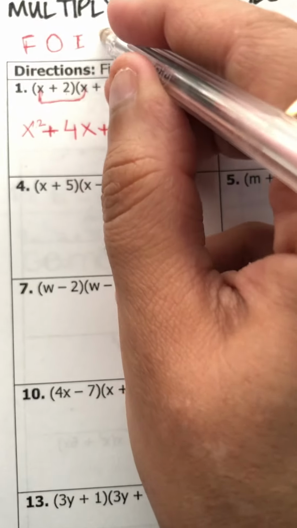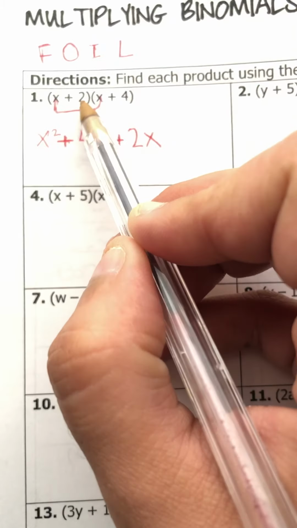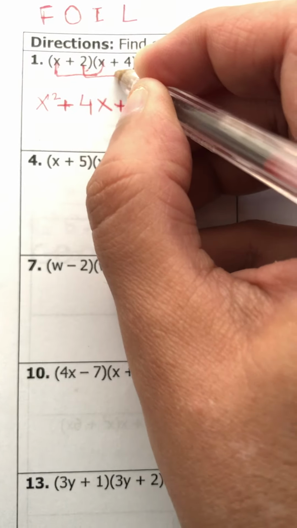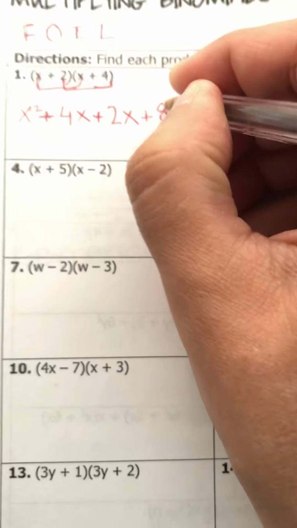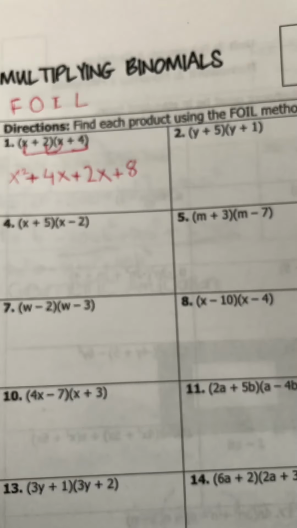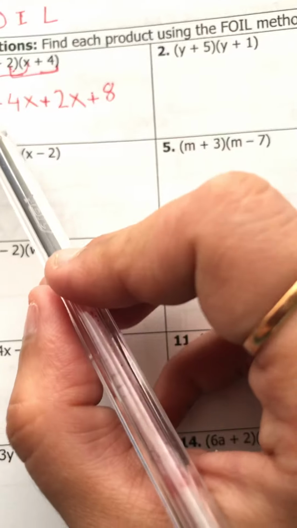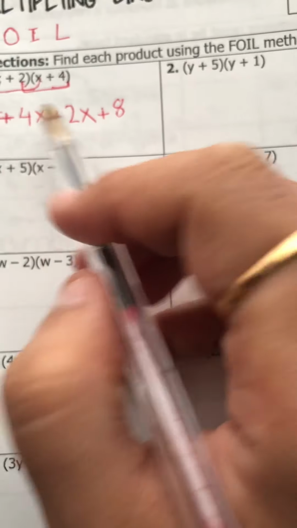Now the last is L, which means multiply the last two terms. These are the last terms of the binomials, 2 and 4, which gives me 8. After that, list the four results of FOIL in order: x squared plus 4x plus 2x plus 8. Now I'm going to combine the like terms.